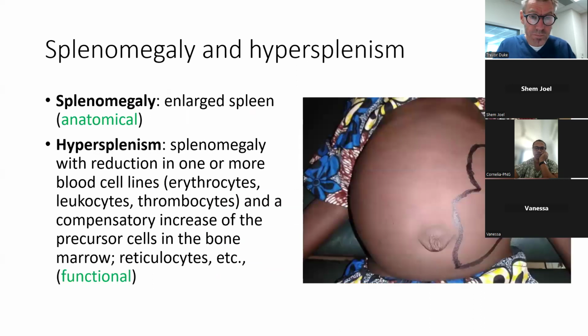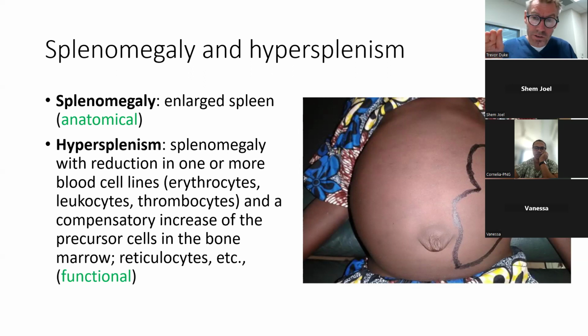There's a difference between splenomegaly and hypersplenism. Splenomegaly is just an enlarged spleen. It's anatomically enlarged. But hypersplenism is where there's splenomegaly with an increased function of the spleen, right? And so an increased phagocytosis of one or more of the blood cell lines.